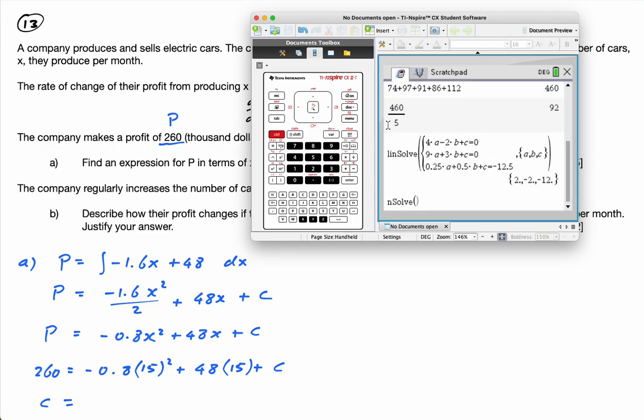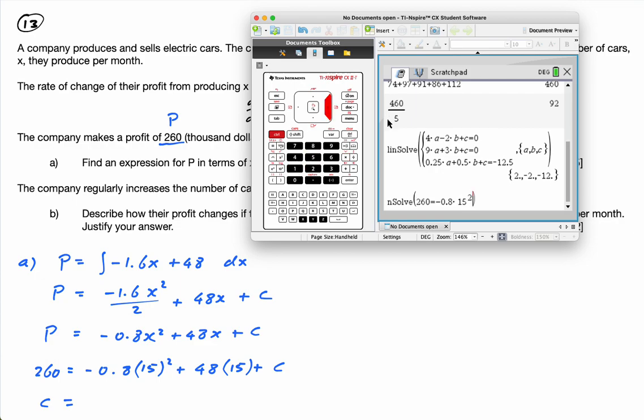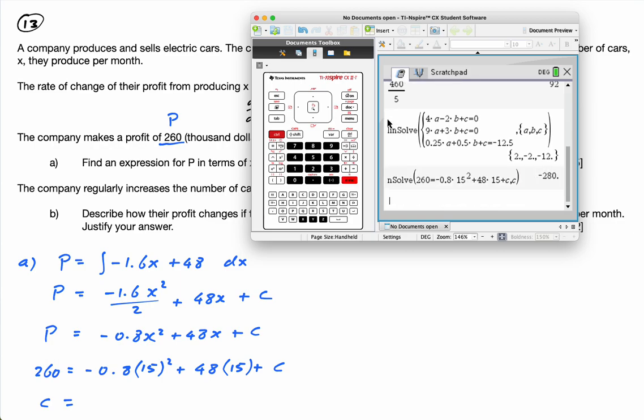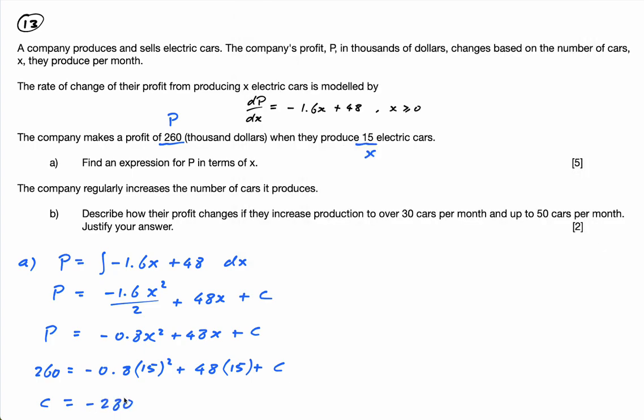So algebra, numerical solve, 260 equals minus 0.8 times 15 squared plus 48 times 15 plus C, comma C, that means find C please, and it's minus 280. So C is equal to minus 280. Therefore, P is equal to minus 0.8x squared plus 48x minus 280. That's part A done.